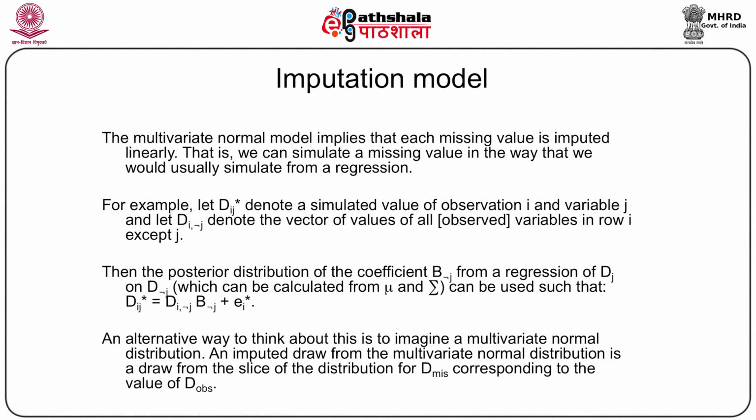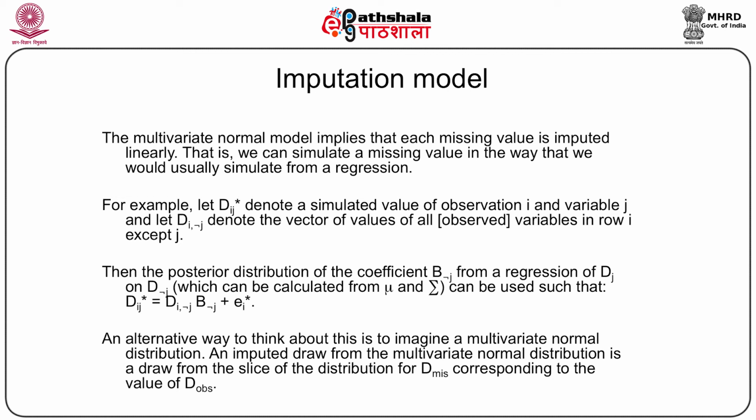For example, let d sub ij star denote a simulated value of observation i and variable j, and let d sub i, minus j denote the vector of values of all observed variables in row i except the j.